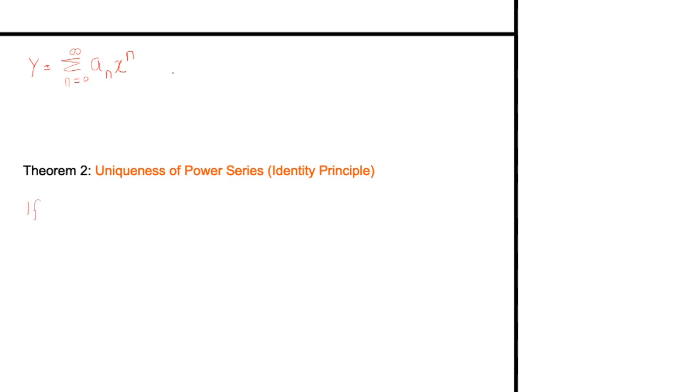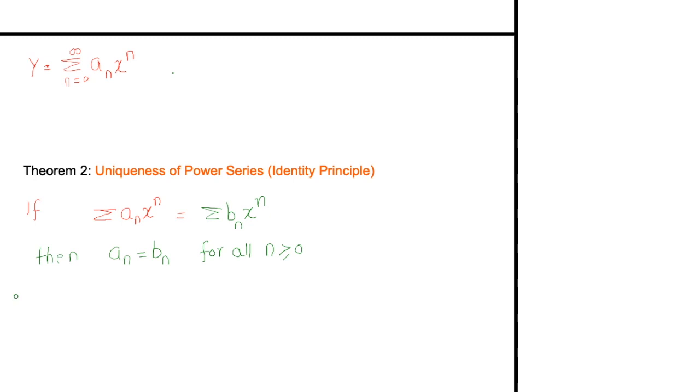If we have a series a n x to the power n that is equal to another series which has coefficients b n x to the power n, for every point of x in some interval I, then remember a n should be equal to b n for all n values that are greater than or equal to 0.